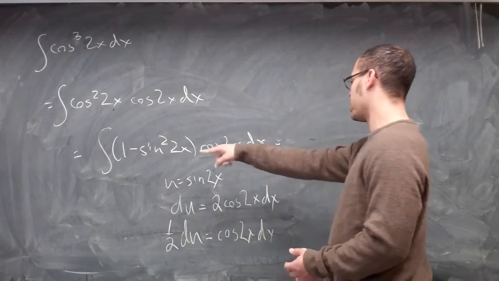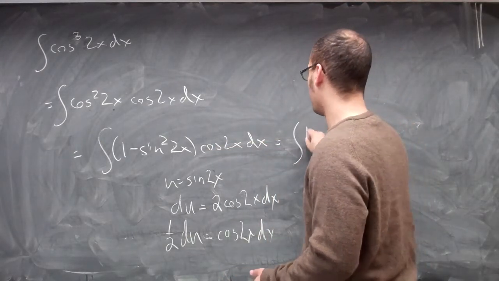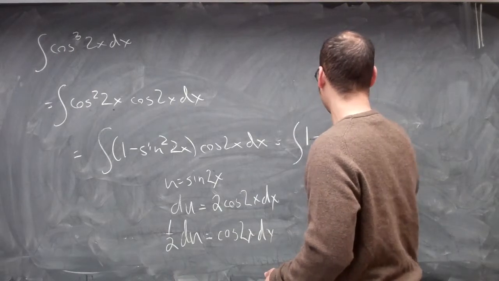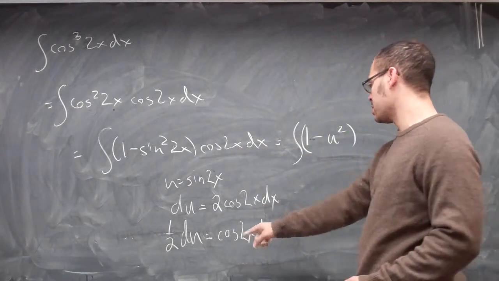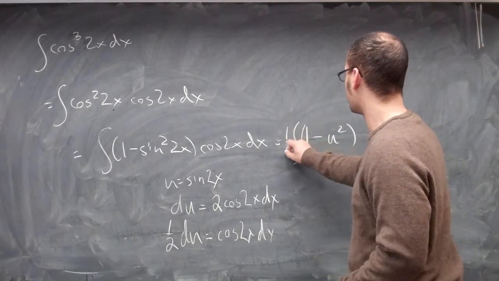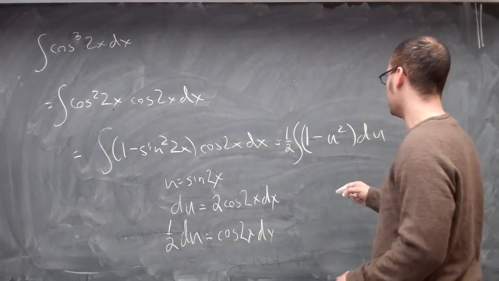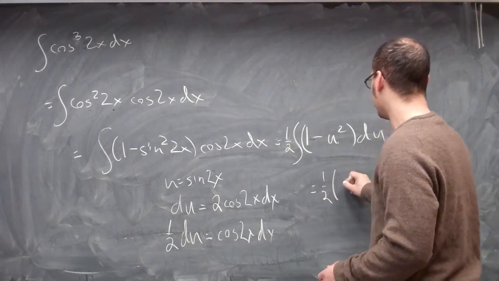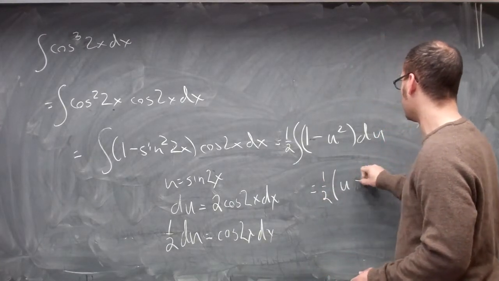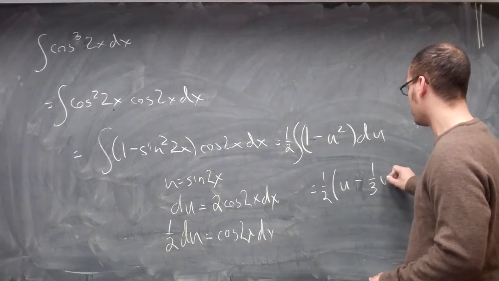So to actually get the expression I have there, cosine of 2x, that's going to be my half du. So all told, what I have right here is the integral of 1 minus u squared. And then cosine 2x dx is 1/2 du, so I have a factor of 1/2. I have my du. Now I go ahead and do the integral. So I got 1/2 of u minus 1/3 of u cubed.